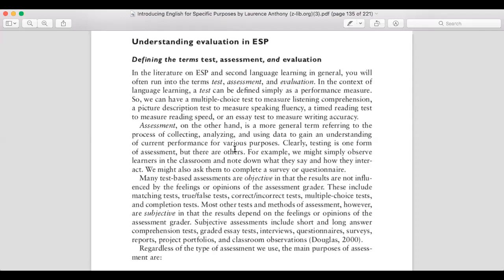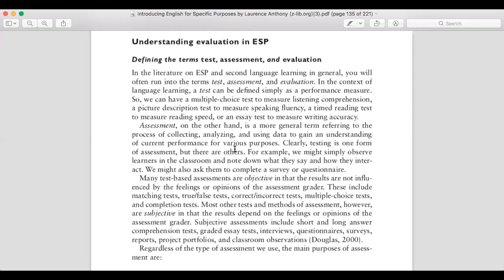Okay, so the test has to be a written test or an oral test or some kind of a test within a specific time limit. Okay, but assessment may go on throughout the semester, throughout the course period, whatever it might be, and it is not only done through testing.